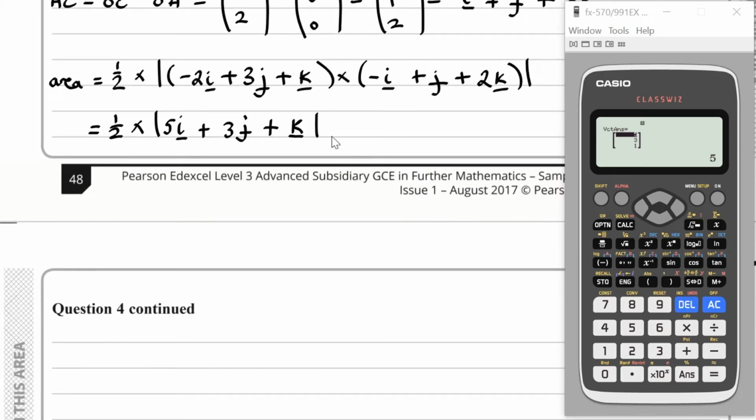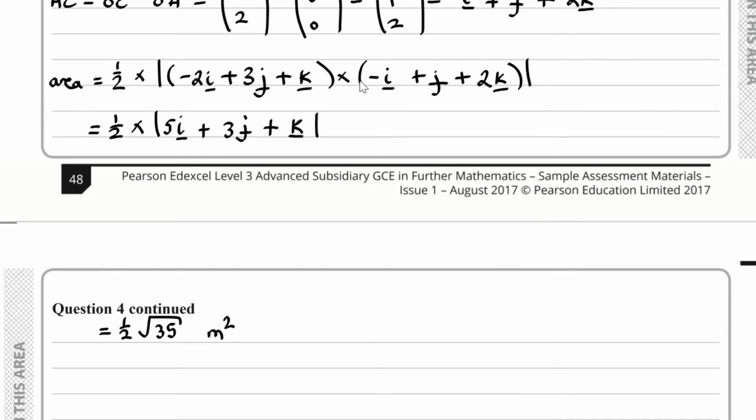So if we do that, we have 5 squared plus 3 squared plus 1 squared, and then square root that answer, we would end up with the square root of 35. So the area is equal to 1/2 times the square root of 35 meters squared. Okay?